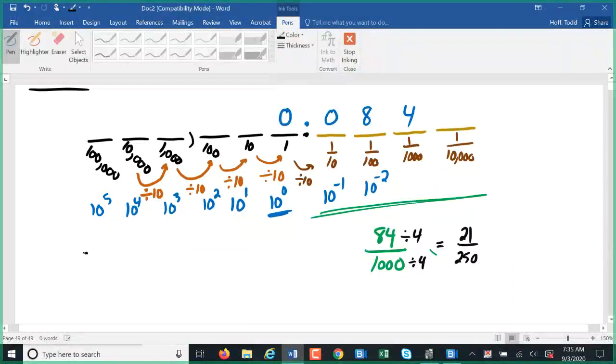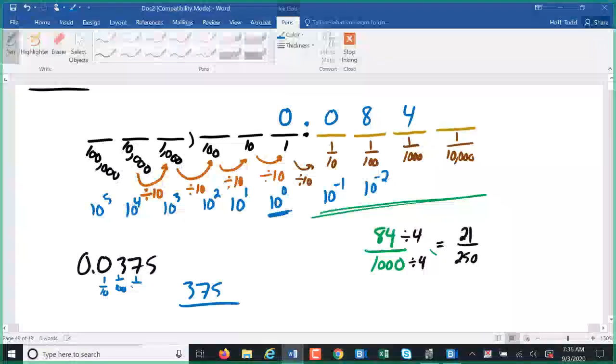Well, we might have something like 0.0375. If I want to turn that into a fraction, again, it's just 375. The denominator, remember, is the place value of that last digit. So this is tenths, hundredths, thousandths, 10,000ths.